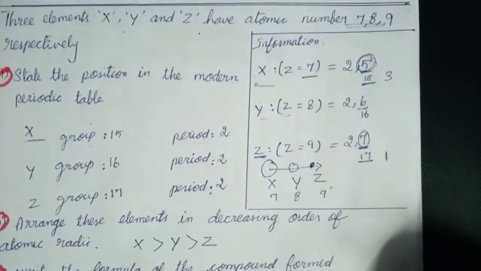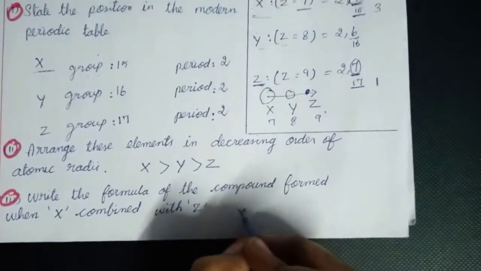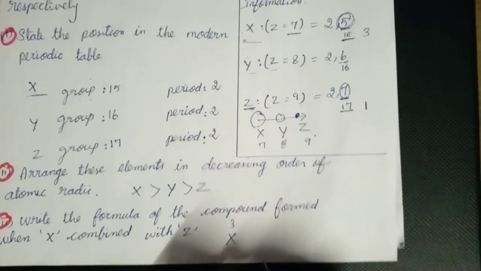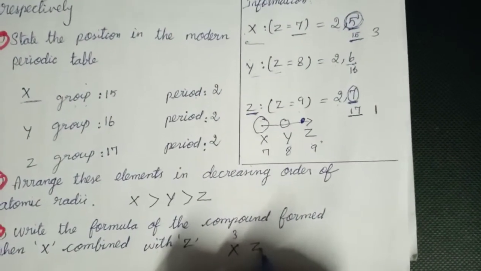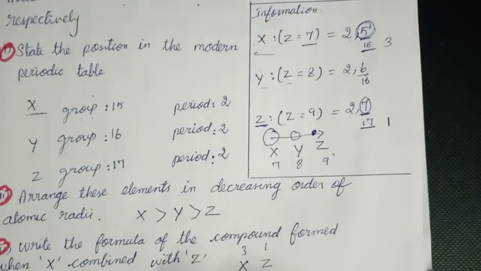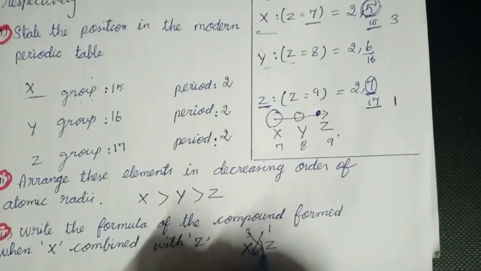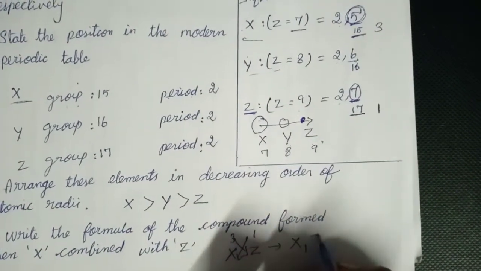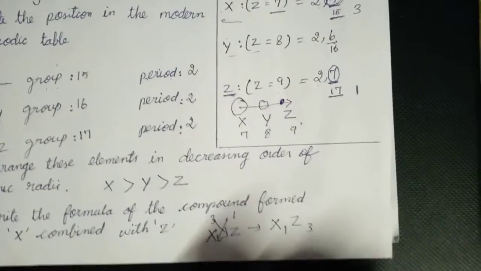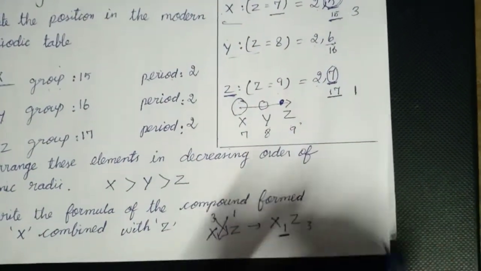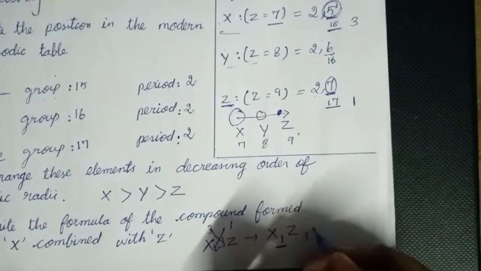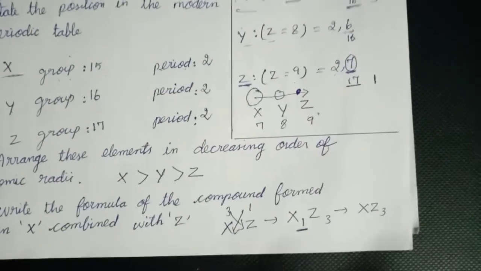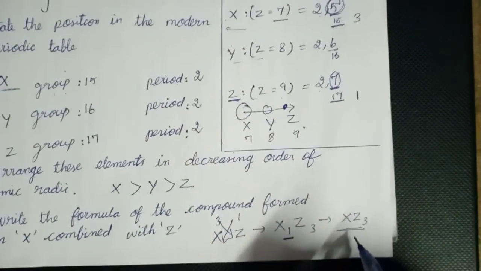So first write X. X has valency 3 and Z has valency 1. Cross multiply. So what do we get? X1 Z3. Then 1 we need not denote. So XZ3. So the compound molecular formula is XZ3.